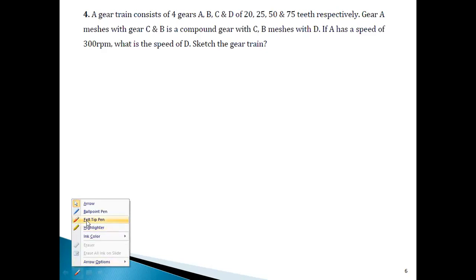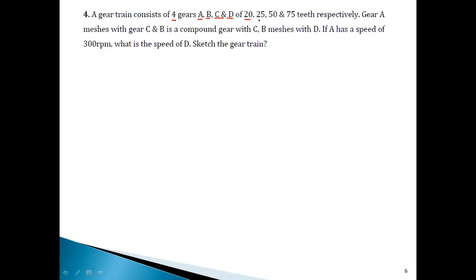In this question, if you read carefully, he says first of all there is a gear train of how many gears? We have 4 gears. The names of the 4 gears are A, B, C, D. Gear A has 20 teeth, gear B 25 teeth, gear C 50 teeth, gear D 75 teeth respectively.